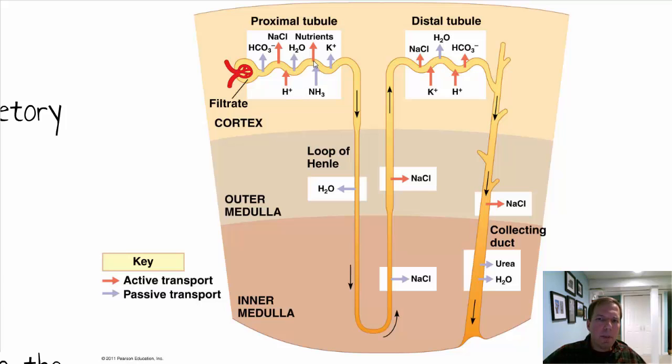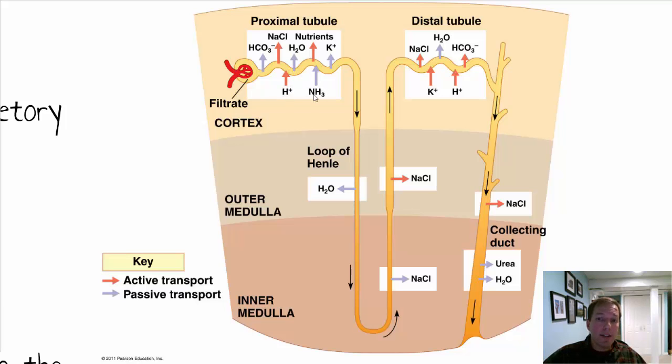So therefore, there must be proteins that are using ATP to actively transport them out of the filtrate and make sure that they appear in very high concentrations in the blood. There are some waste products that may move by either active or passive transport into the filtrate.